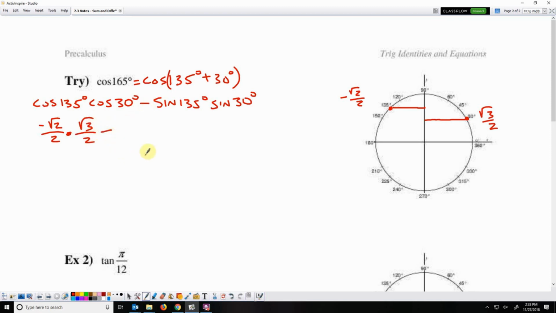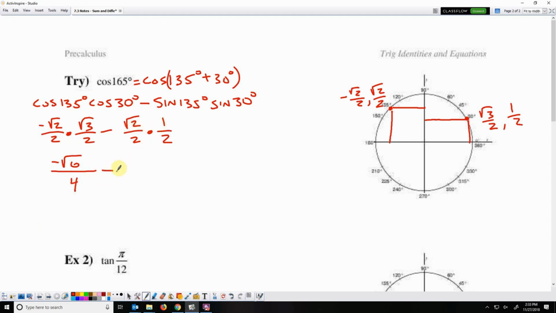And minus sine at 135. The y value, it is the second position up. Root 2 over 2. Times sine at 30. The y value at 30. First position up. 1 over 2. So now I simplify. Negative root 2 times root 3 is negative root 6. 2 times 2 is 4.